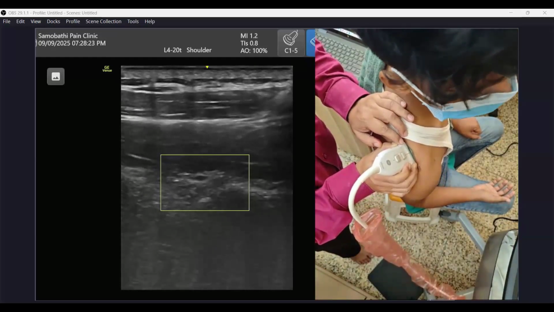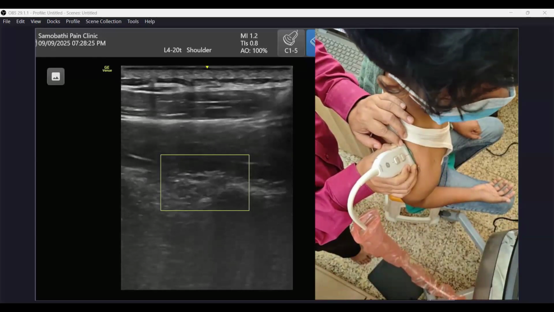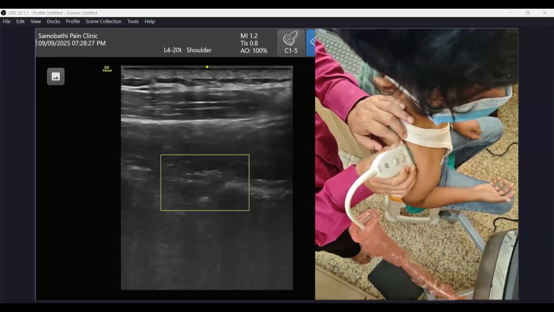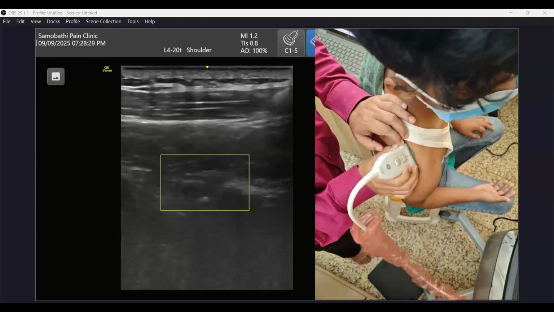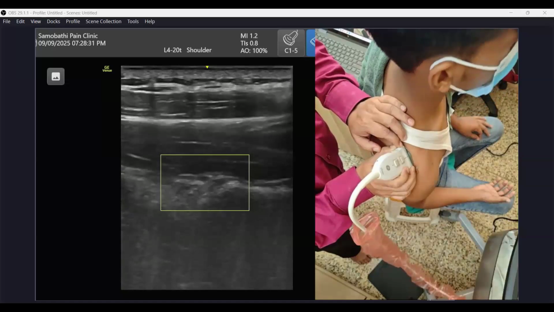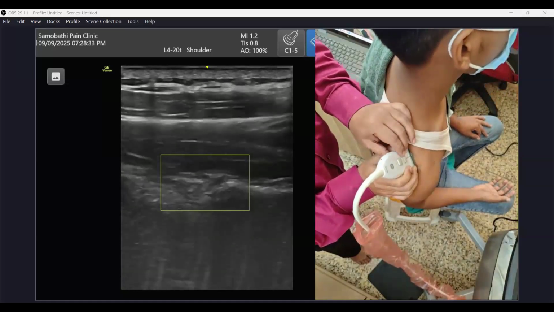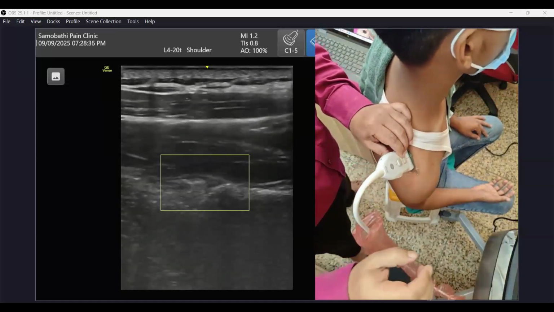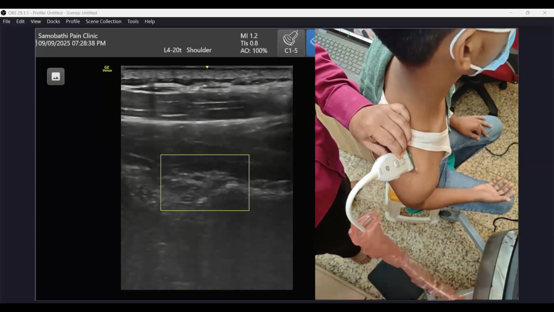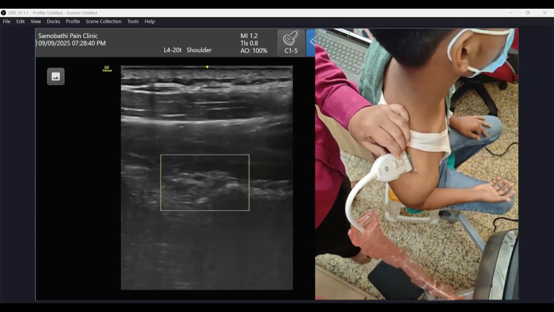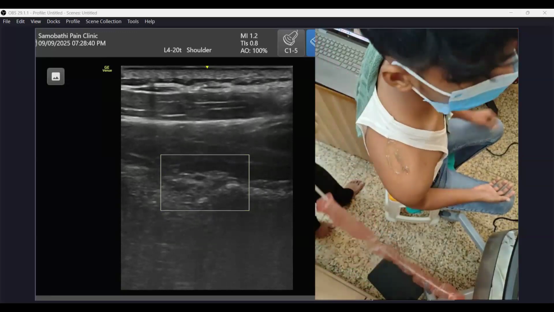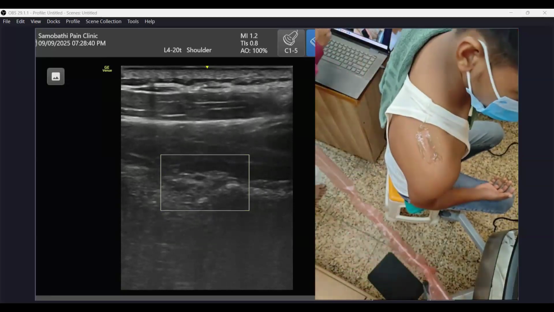It is the suprascapular artery, and of course suprascapular nerve and suprascapular vein should all be around. We cannot say 100% that this is the suprascapular nerve, because these are very small structures. But we can see the vessels, and this is the supraspinatus fossa.